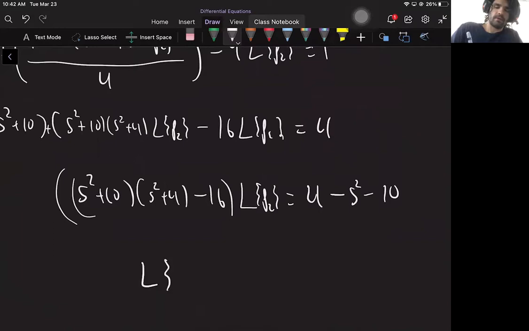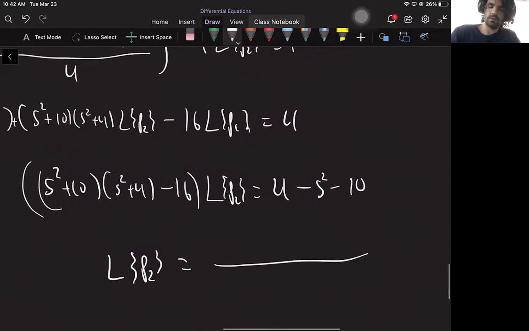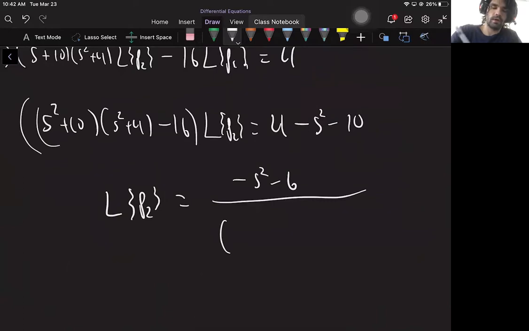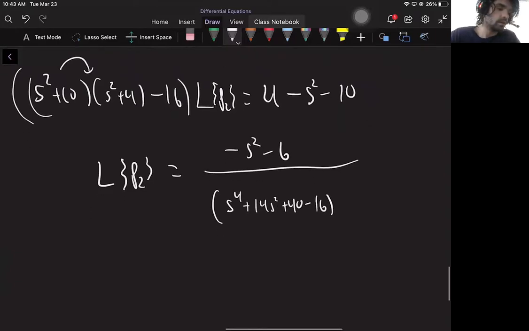All right, so now I can divide by this big old thing. So what's that? Negative s squared minus 6 over. So I'm going to distribute this through. So it gets s to the 4th plus 14s squared plus 40 minus 16 on the bottom there.